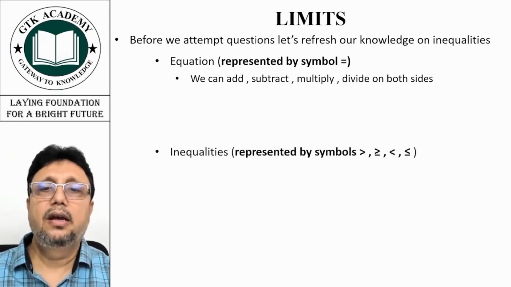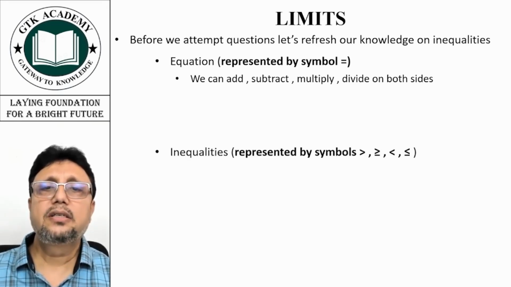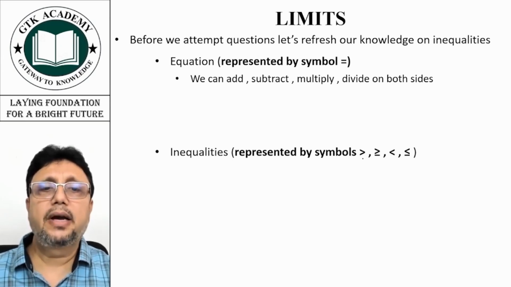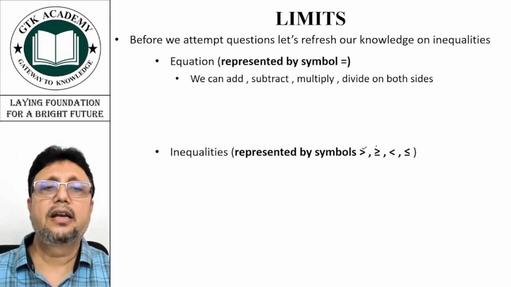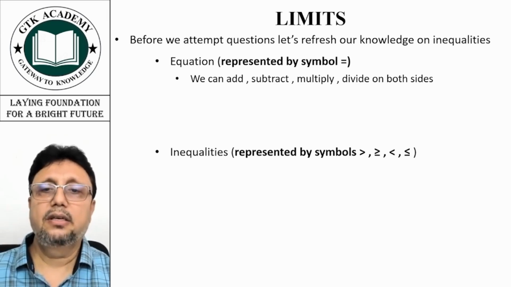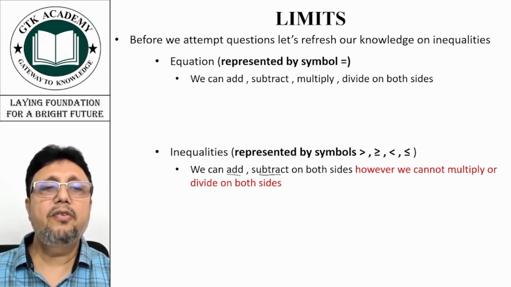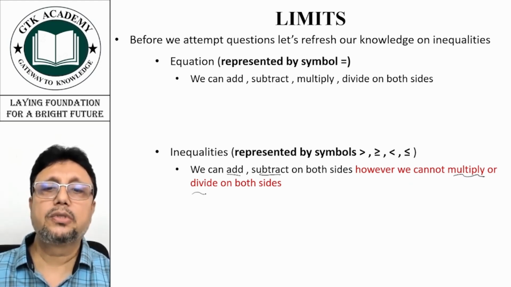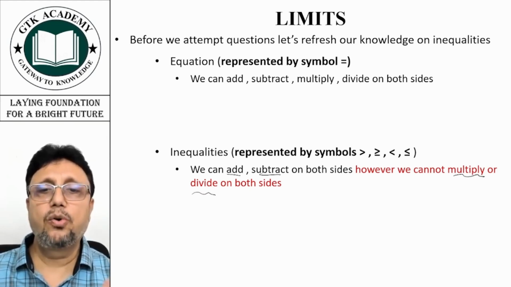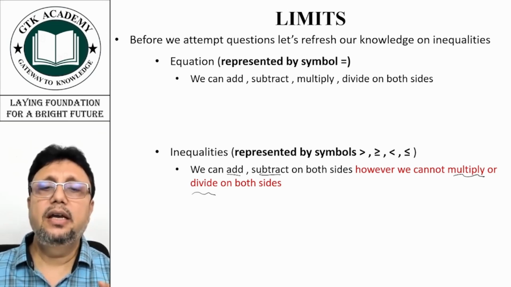However, in the case of inequalities, which are represented by symbols like greater than or equal to, less than, or less than or equal to, we can add and subtract on both sides, no problem. However, we cannot multiply or divide on both sides unless we are sure about the thing by which we are multiplying. It has to be positive, then only we can multiply.